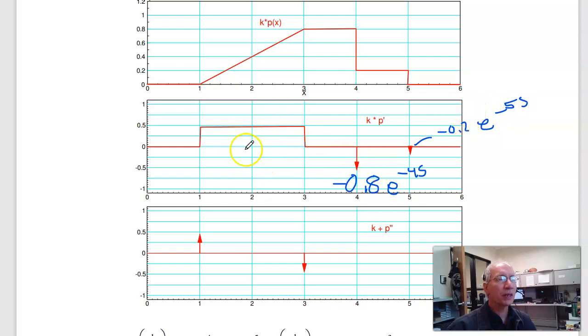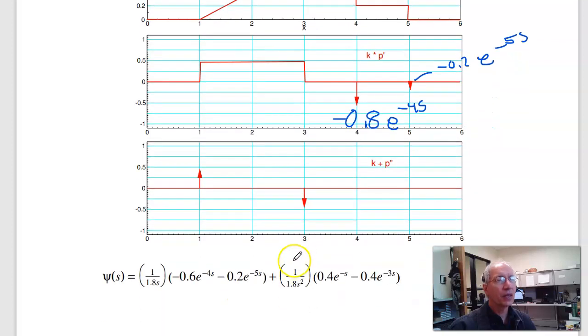I still have the stair step, so take the derivative again. I get a delta. So what happens is these become this. I have a delta function amplitude of 0.4 at t equals 1. Delta function amplitude is minus 0.4 at t equals 3. That's when I differentiate twice. To get back to the original time, integrate twice.